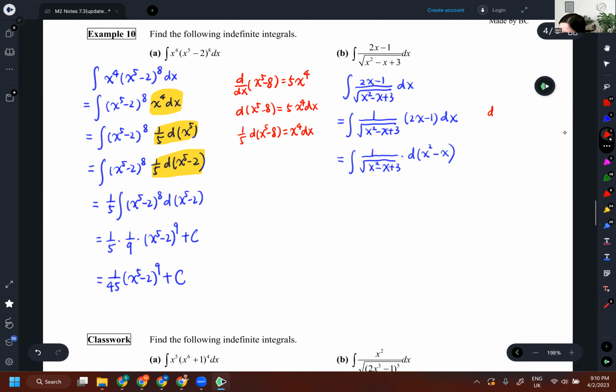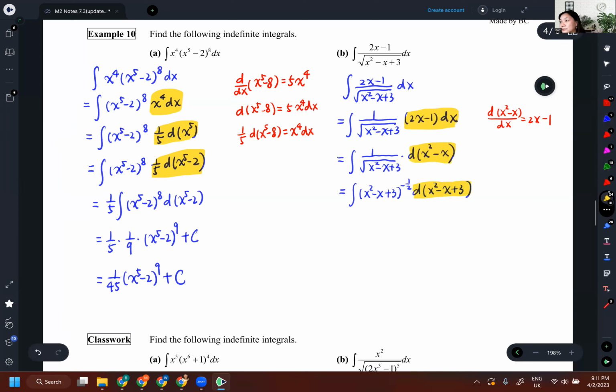And then obviously that's not enough because I need (x squared minus x plus 3) to the power negative 1 over 2. And this one I also need plus 3, so I'll just add plus 3. Okay.